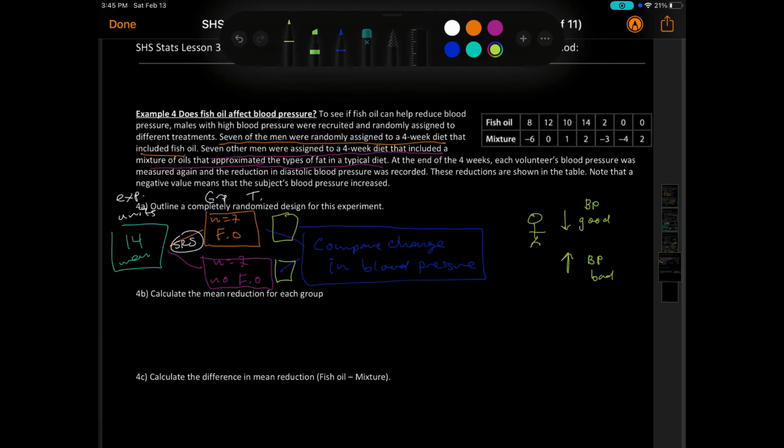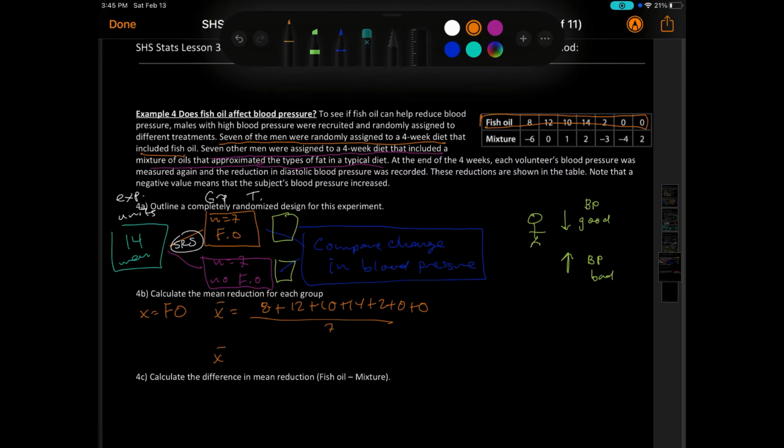All right. 4B says calculate the mean reduction of each group. So now we have to calculate the mean. For the fish oil group, we'll call this the average of X. The average of X is just adding all those up divided by how many are in the group, divided by the 7.